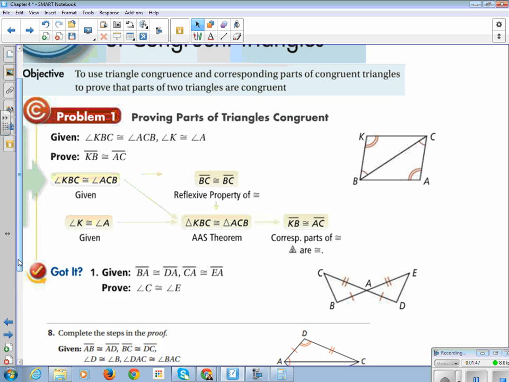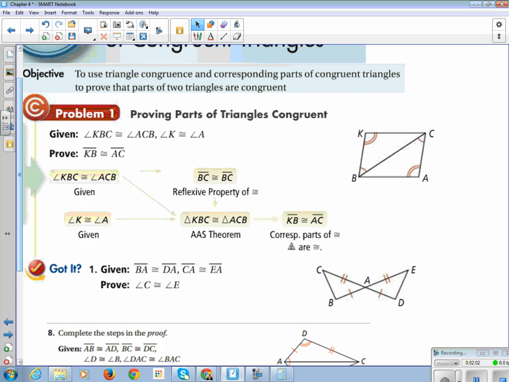So we need to show that BC is congruent to BC, and we know that because reflexive. That's why it hit us in the face previously, and it's still hitting us in the face now. If we show that BC is congruent to BC, then we can say triangle KBC is congruent to triangle ACB. And if that's the case, then KB is congruent to AC because I've proven my triangles are congruent.